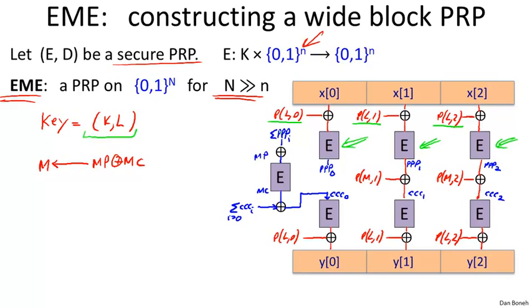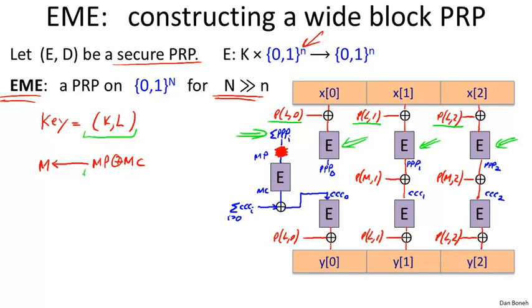The next thing we do is we XOR all these PPPs together, and we call the result MP. We encrypt this MP using E and the key K, and we call the output of this encryption MC.